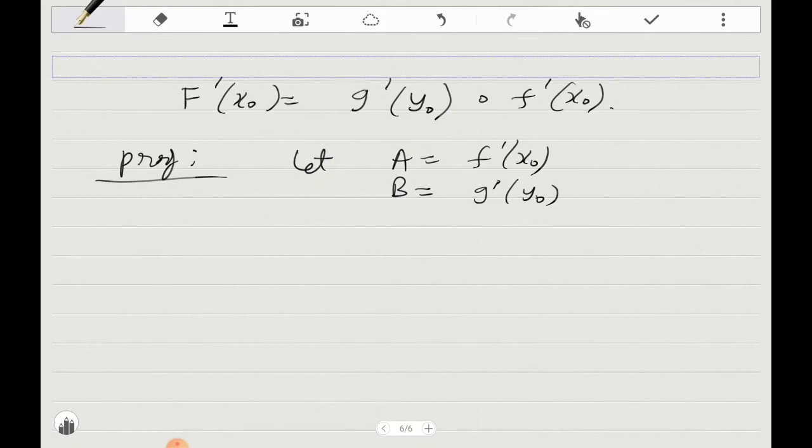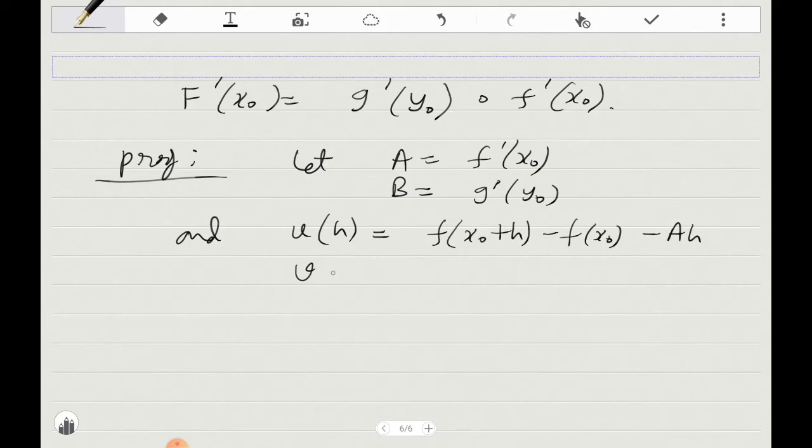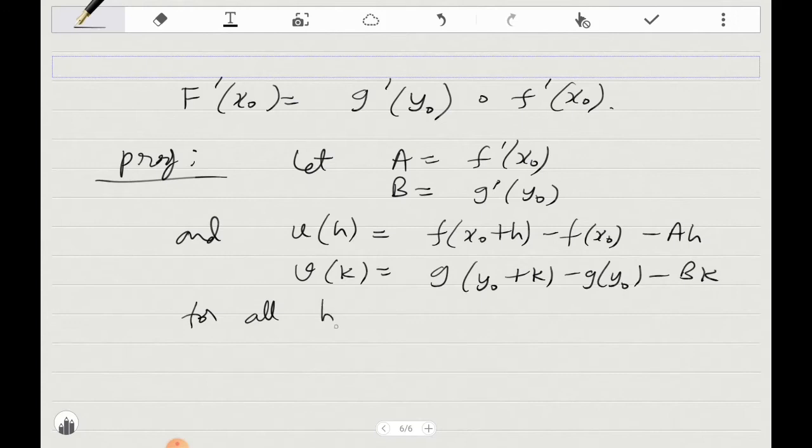And then let's define u of h equals f of x naught plus h minus f of x naught minus Ah, and v of k equal to g of y naught plus k minus g of y naught minus Bk, for all h, k in a sufficiently small ball centered at 0.